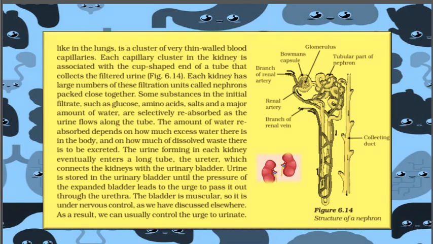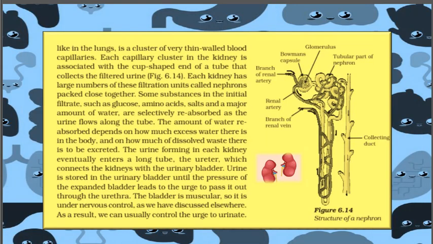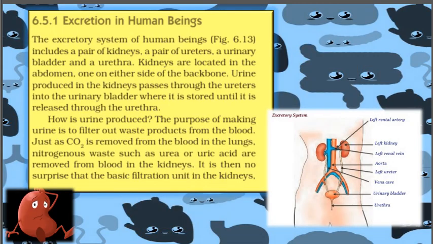That long tube is called the ureter, which connects the kidneys with the urinary bladder. We already saw that. After the ureter, the urine enters into the urinary bladder. Clear?